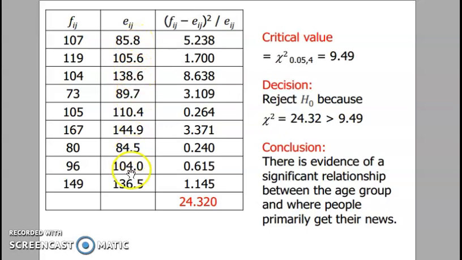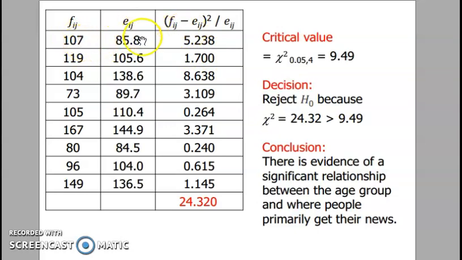So we have 9 values of Fij and 9 values of Eij because we have 9 cells, 3 rows and 3 columns. To get the test statistic, we subtract Fij minus Eij.